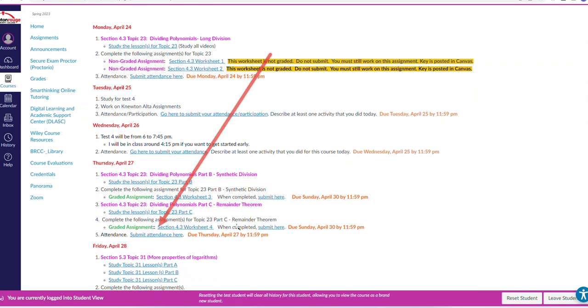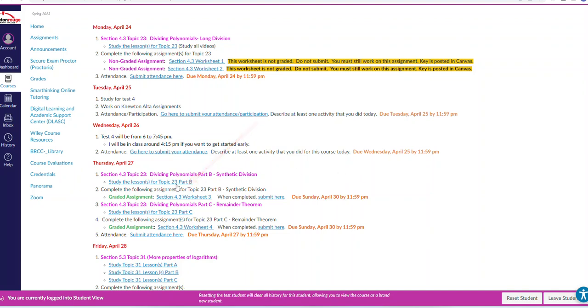When you go to Thursday, right here, we're still dealing with section 4.3, except now we're talking about synthetic division and the remainder theorem. On your final exam, there's always a question on using synthetic division and a question on the remainder theorem. So both of those are graded. It is very important that you look at the lessons here that go with those 2 worksheets.